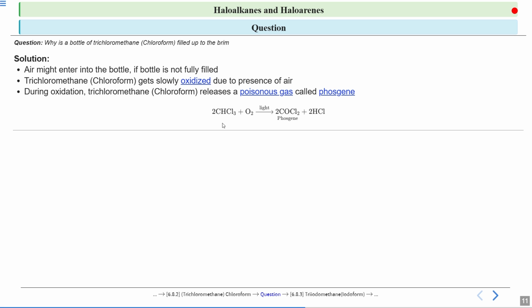So when chloroform, CHCl3, is oxidized in the presence of air, that is oxygen, and also light, then you get a gas called phosgene, which is a poisonous gas, very harmful, plus twice the amount of hydrochloric acid as a byproduct.